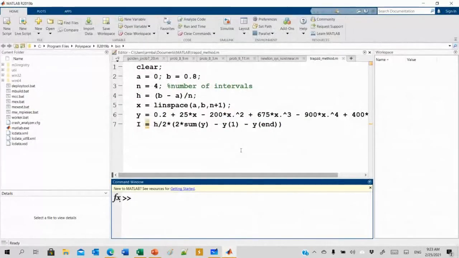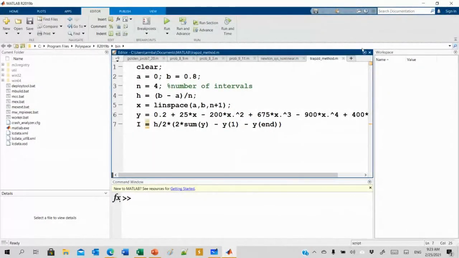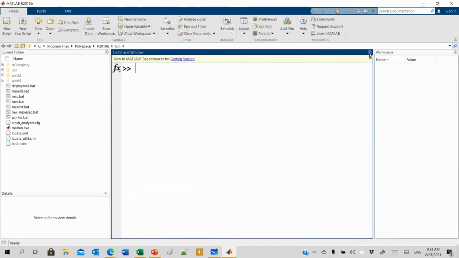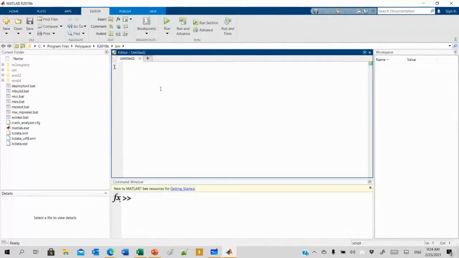I'll go to MATLAB. Better always to work with a script file. I'll close this. I'll say new script here, and I'll write here. Good idea always to start with the clear statement.